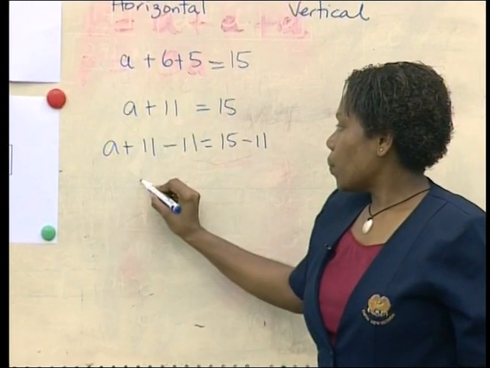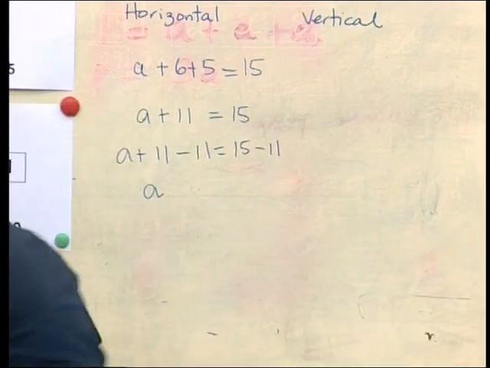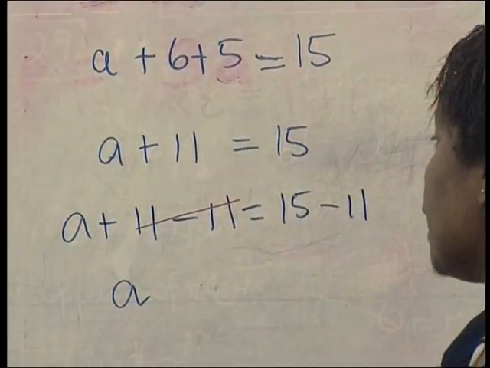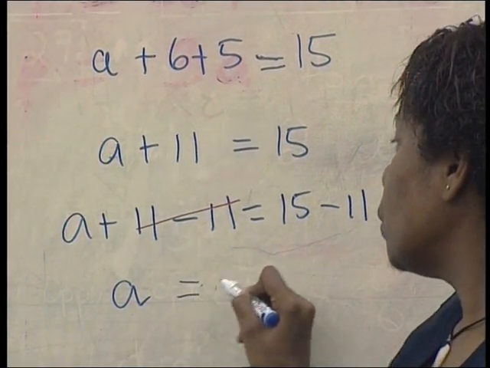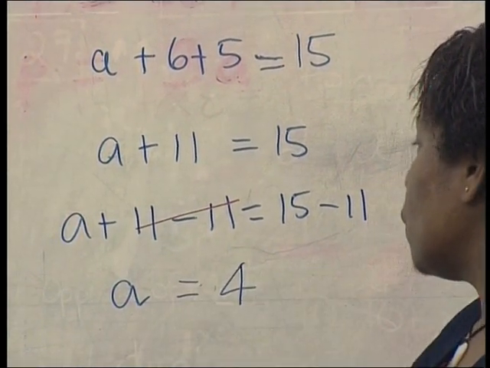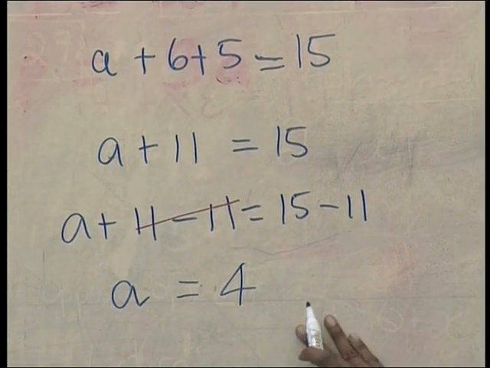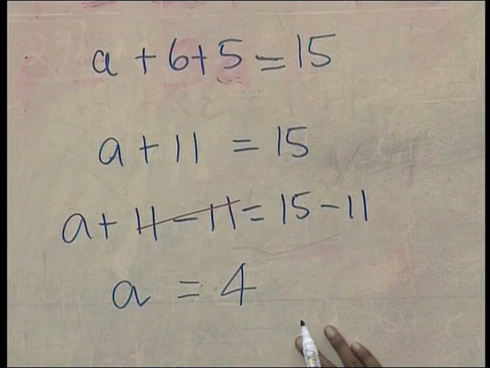So we are left with A. Cross off 11. A is equal to 4. Okay, good. That's for 1A, horizontal line.